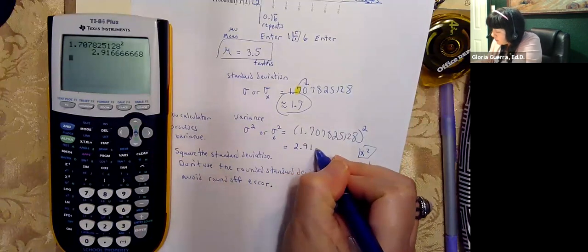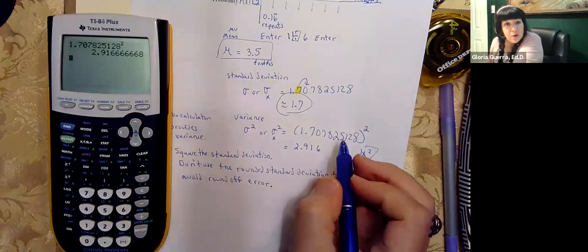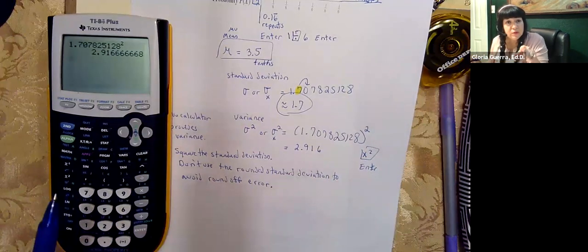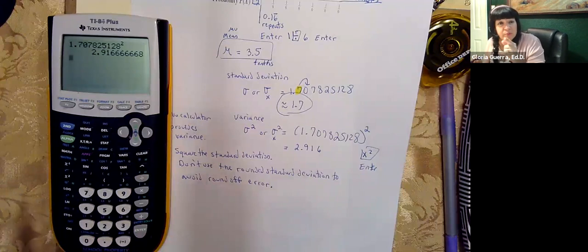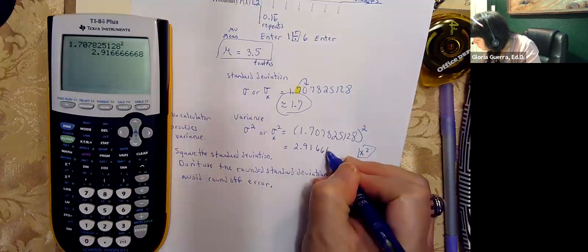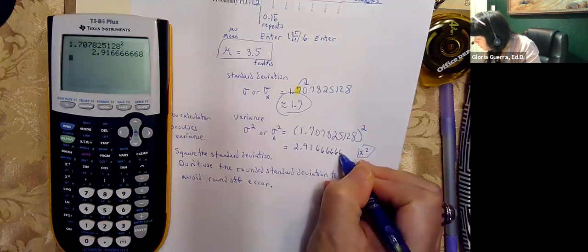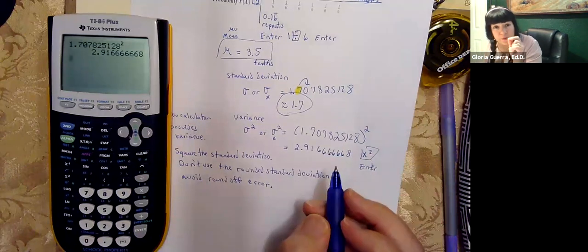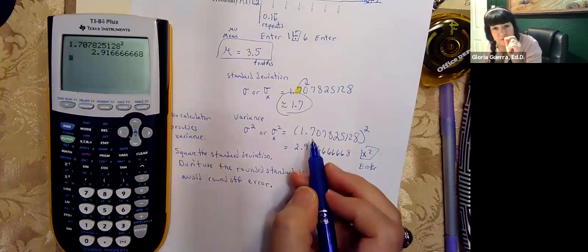2.91 and then 6s repeating. I was going to put a bar over the 6, but you see all those 6s and then it doesn't go to 7. To my surprise, it jumps to an 8. Looks like there are 6 of them, but then it jumps to an 8. So I'm not going to put the bar, because it doesn't have a 7 here.